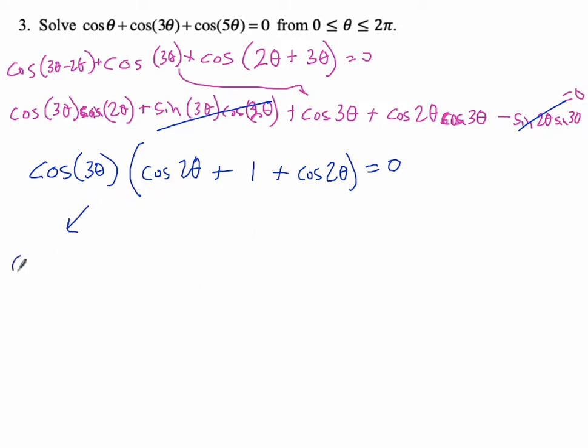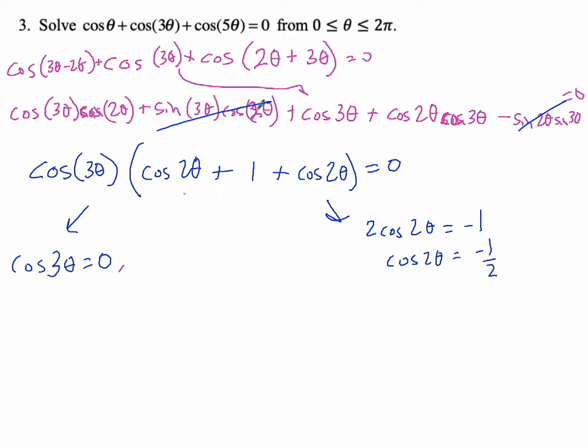So from that we get cosine 3 theta equals 0. And from this we get 2 cosine 2 theta equals negative 1. Cosine 2 theta equals negative half. So we've got two separate equations we can solve.